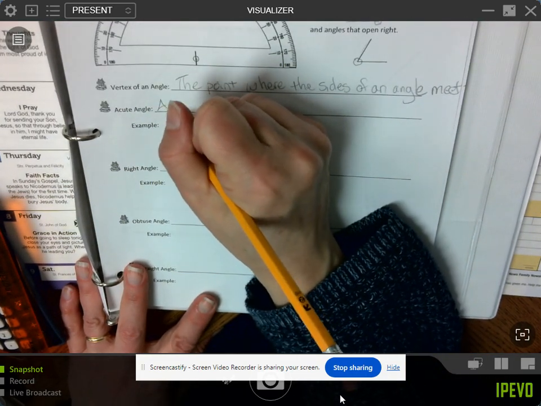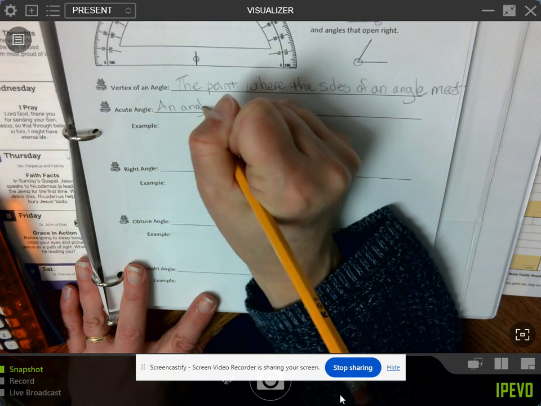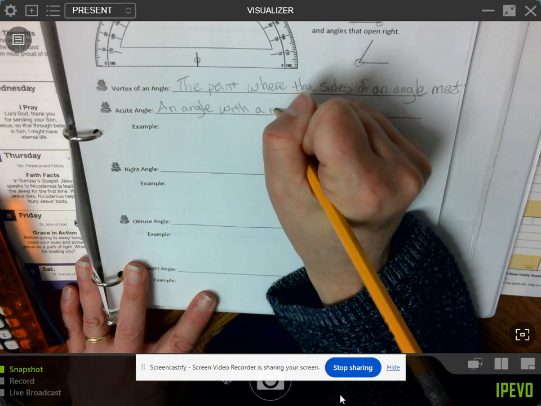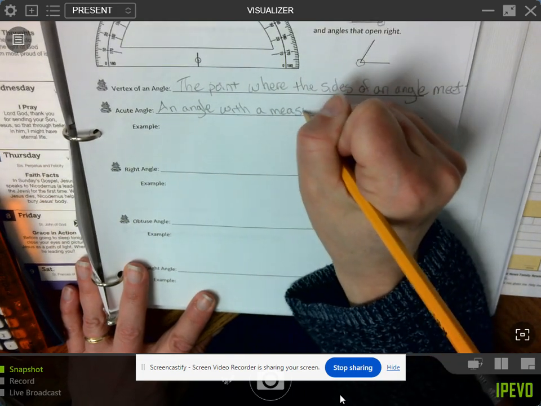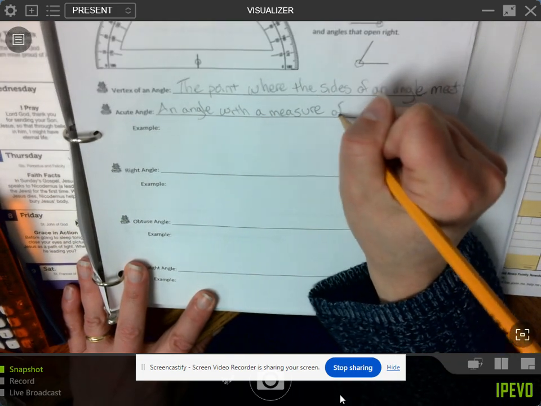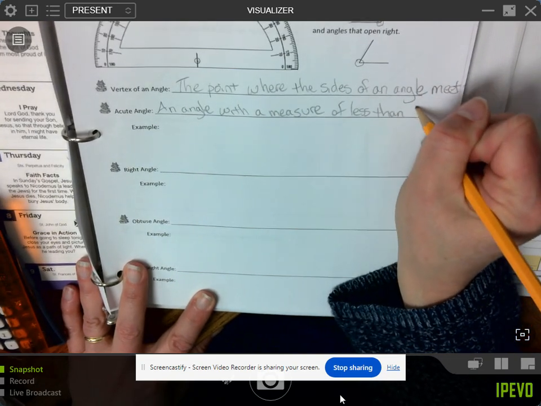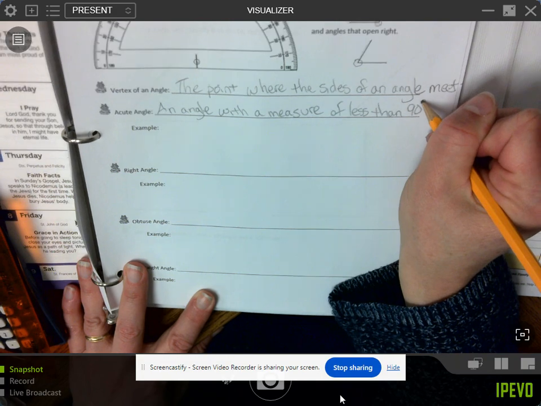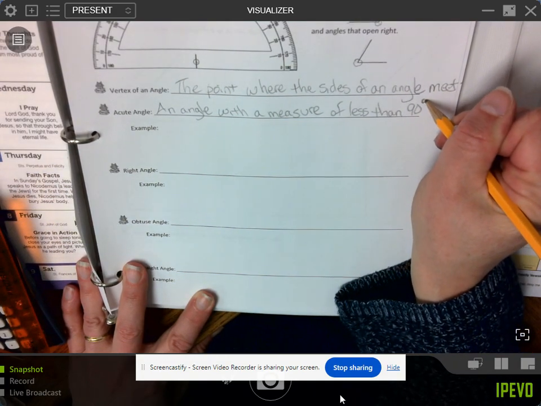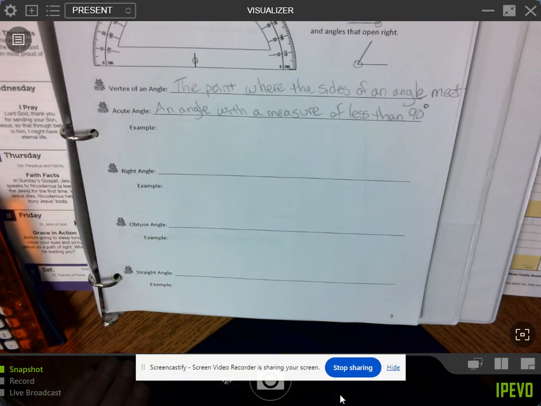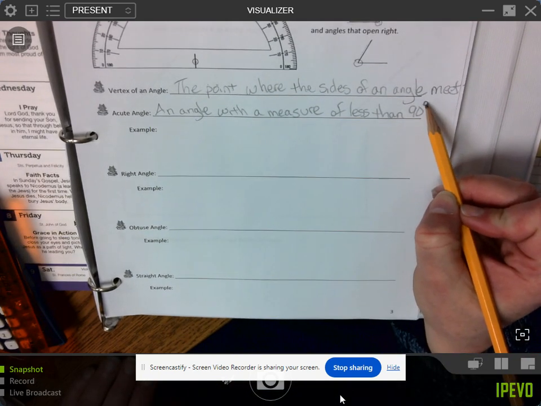So an acute angle is an angle with a measure of less than 90 degrees. And you make that little degree mark for your measurement so we know that it means degree. So you have to put your little degree symbol in.